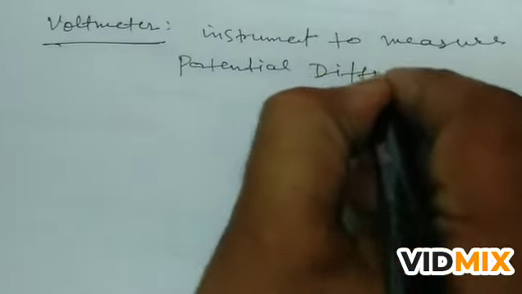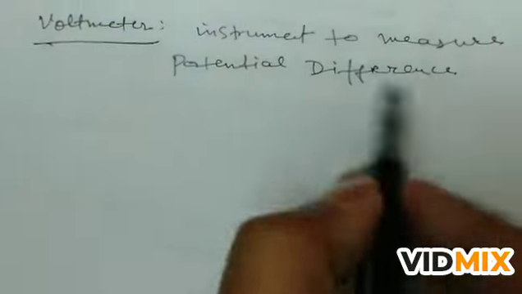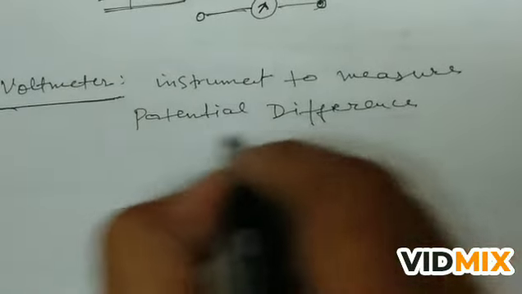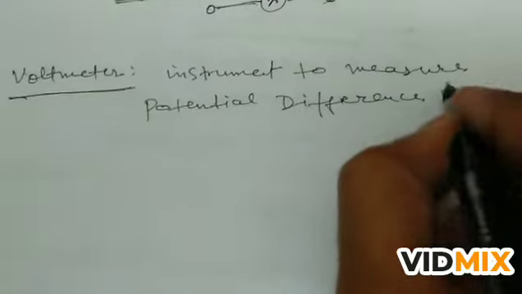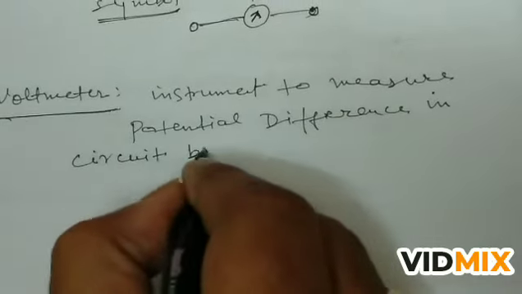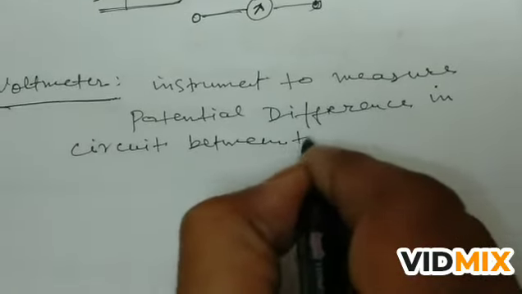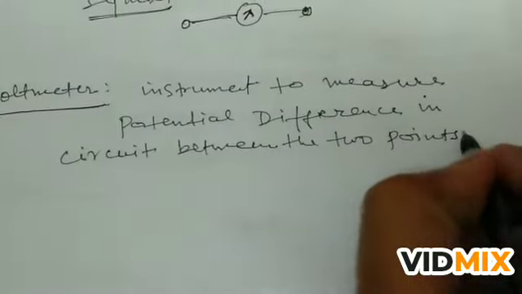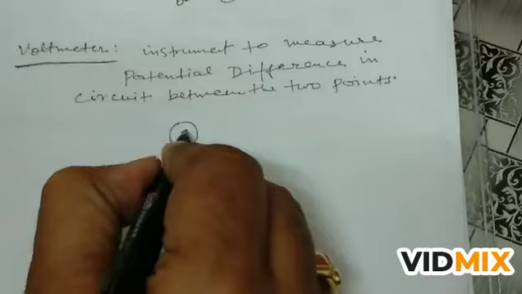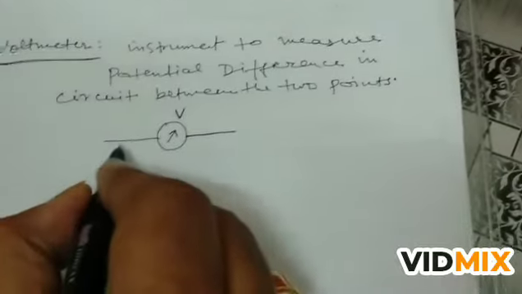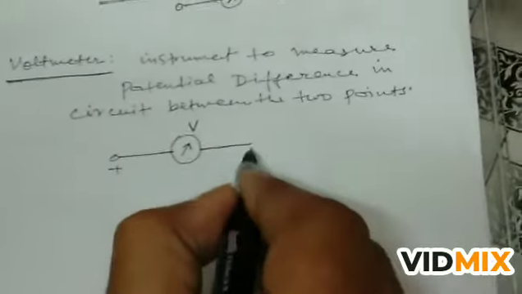In the coming video, I will explain what potential difference is, but this is a device known as voltmeter to measure the potential difference in a circuit between two points. This is the device voltmeter, and V is written on that device. This is plus and this is minus.